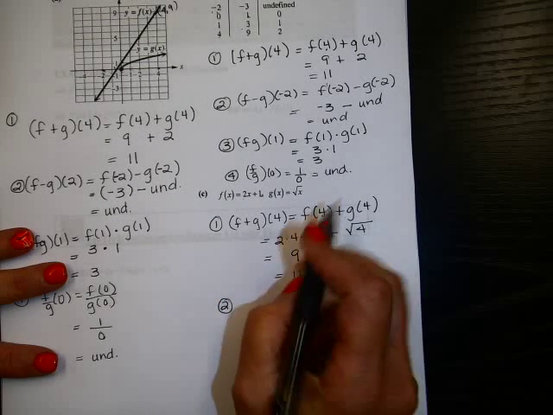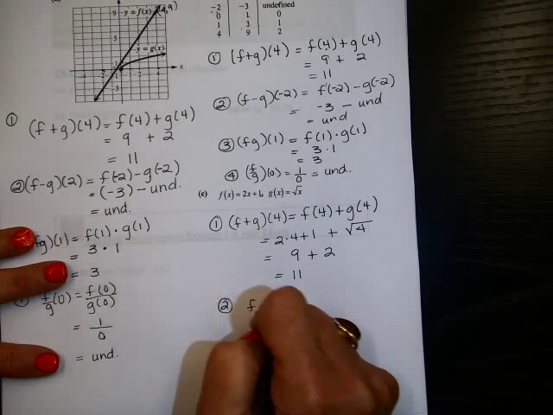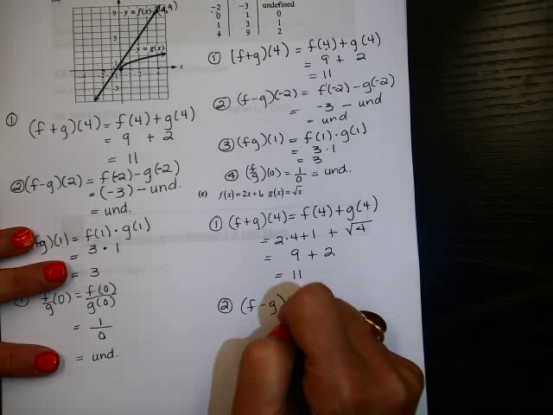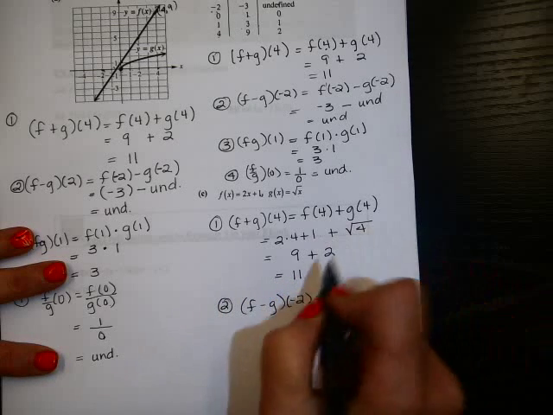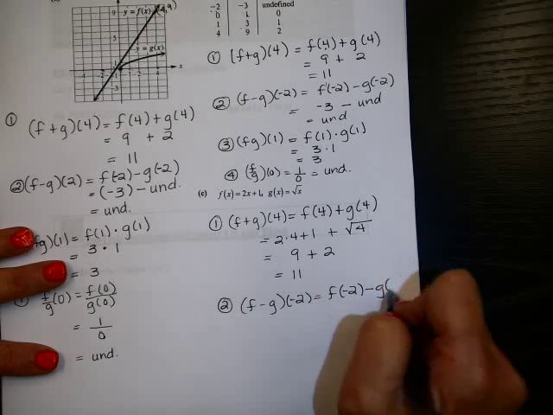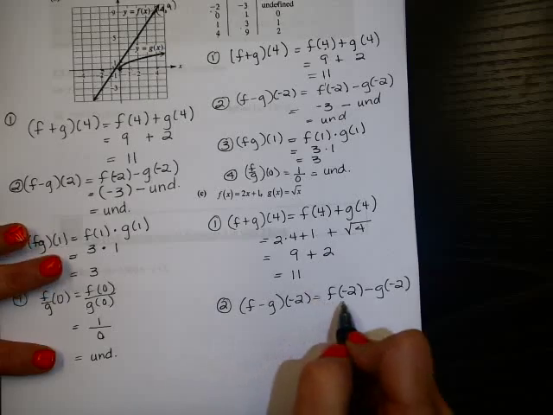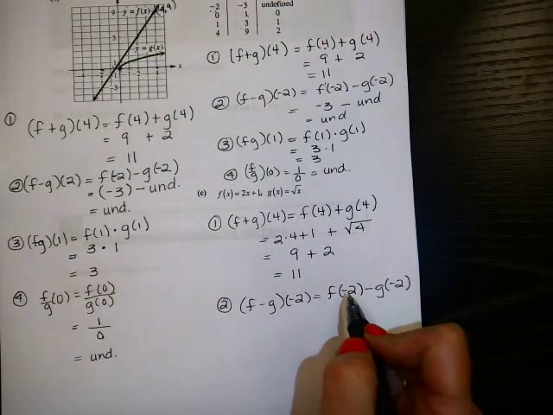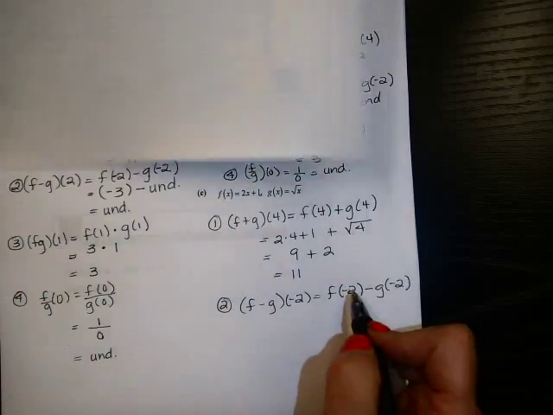Do number 2, substitute in. F minus g of negative 2 means f of negative 2 minus g of negative 2. So we're going to take negative 2, let me cover this up a little bit so we don't see that other work.